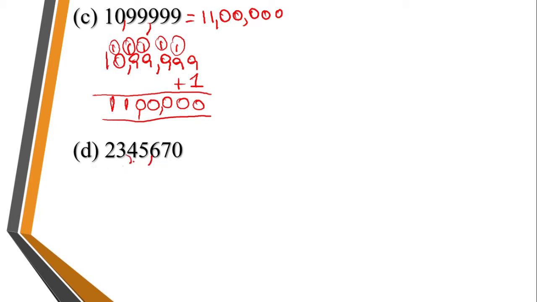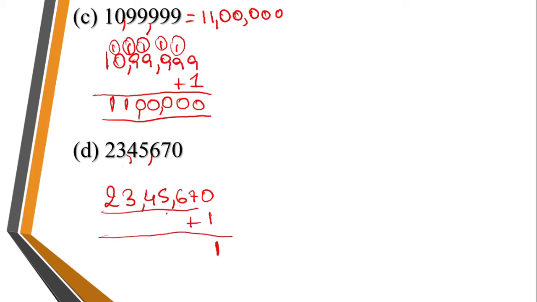Now the fourth question is 23 lakh 45,670. Now here we should do plus 1. So 23 lakh 45,670 plus 1 will be, now 0 plus 1 is 1 and 7, 6, 4, 5, 2, 3 will be as it is because there are no numbers to add, right?